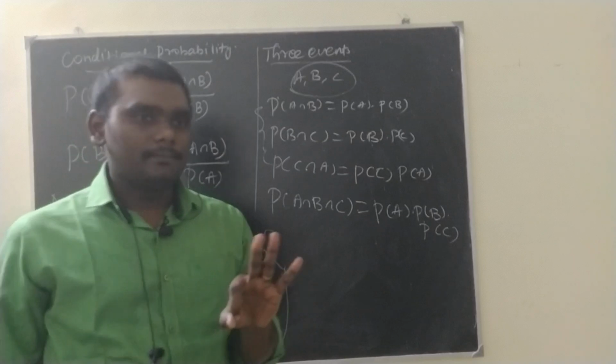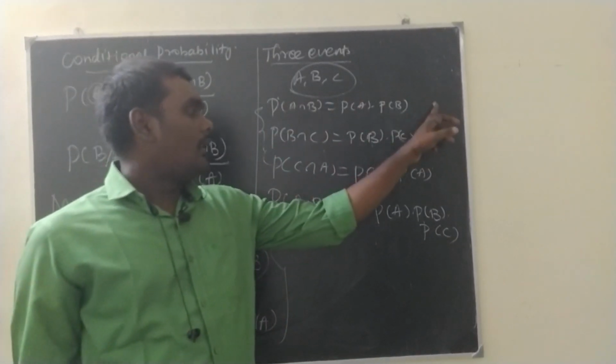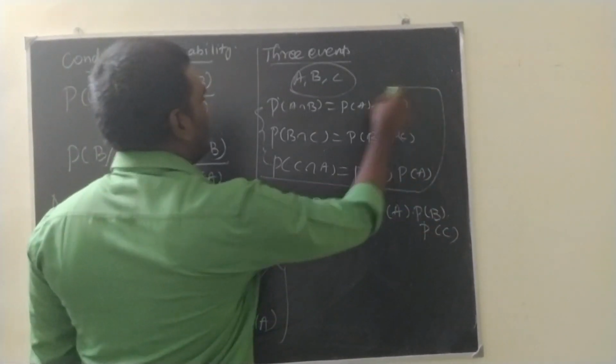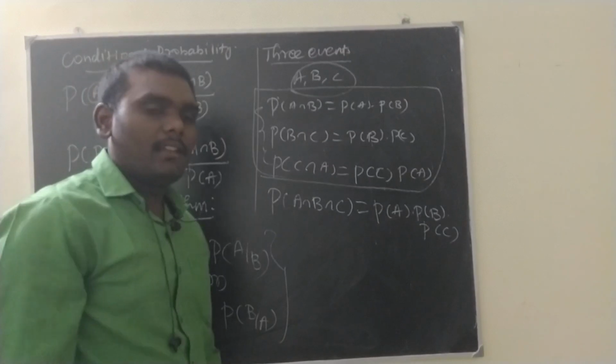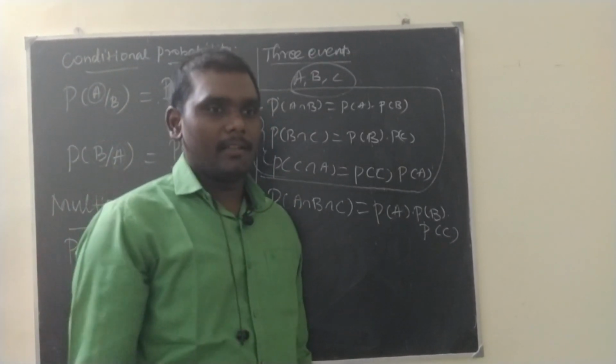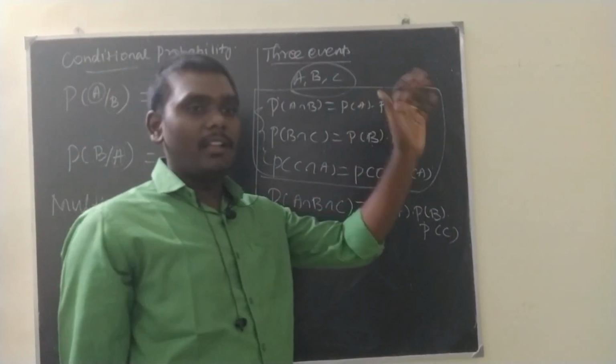Given three events, if only the pair conditions occur and this one does not, we can say those three events are pairwise independent. We can't say A, B, C are independent events.